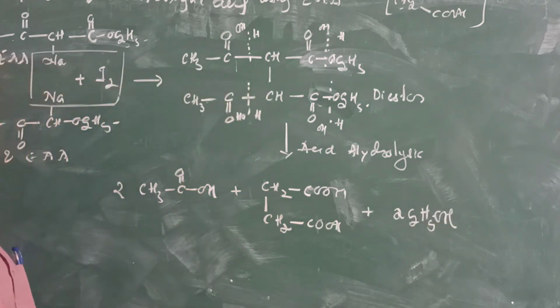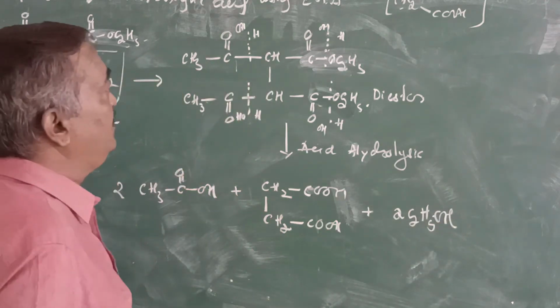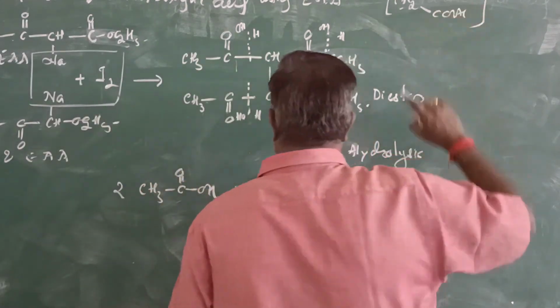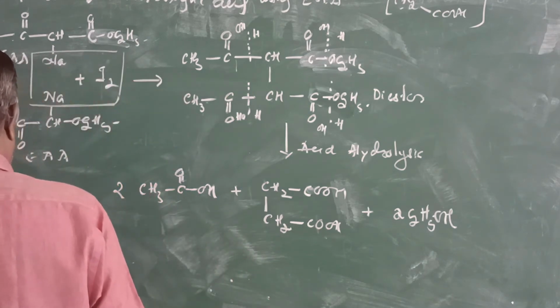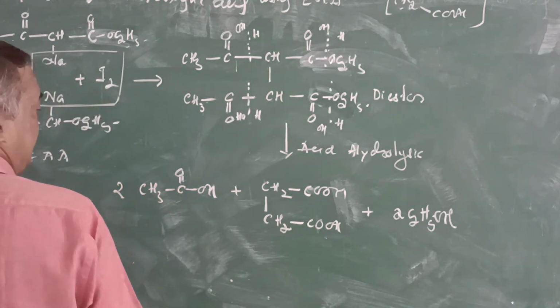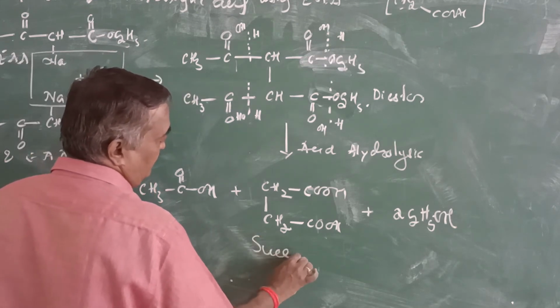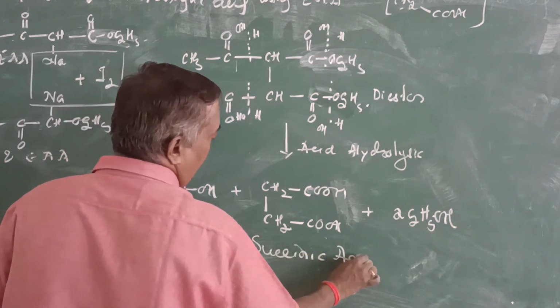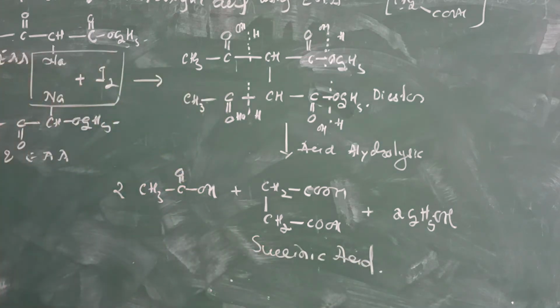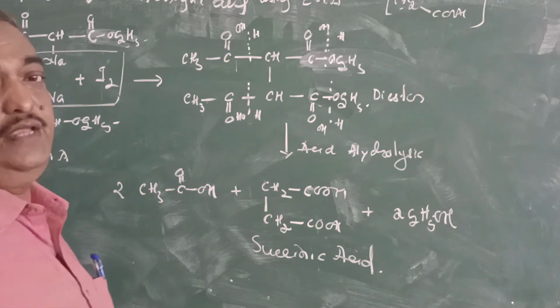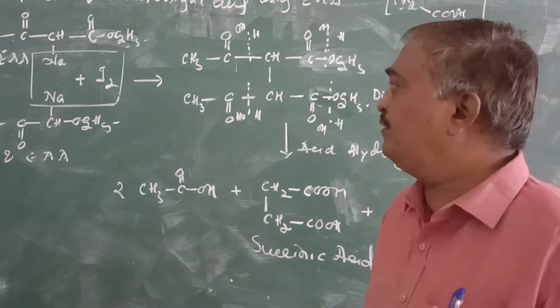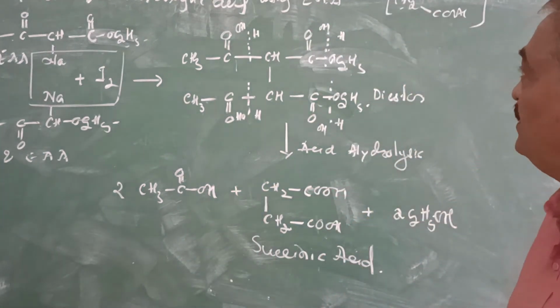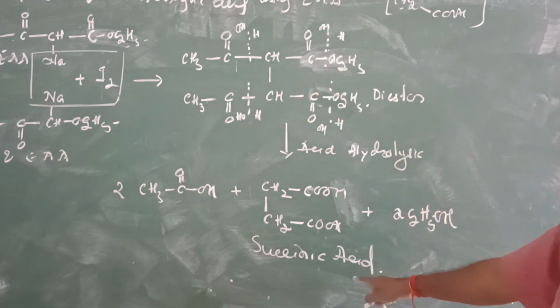So our aim is to convert ethyl acetoacetate into a compound containing two COOH groups. So you can see COOH, CH2, CH2, COOH, a dicarboxylic acid commonly known as succinic acid. Succinic acid. There are some other methods for the conversion of EAA into the corresponding dicarboxylic acid, but this is the simplest way when the question is asked, how do you convert EAA into a dicarboxylic acid?